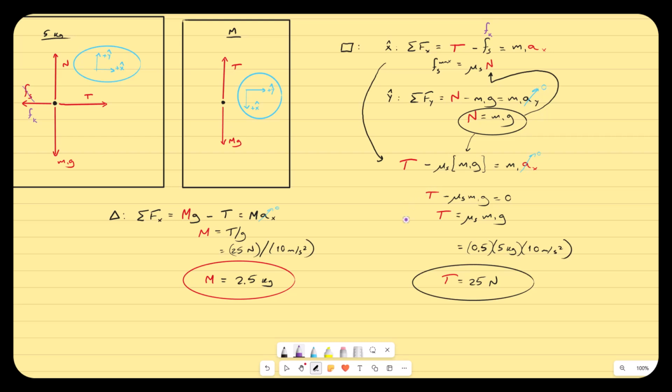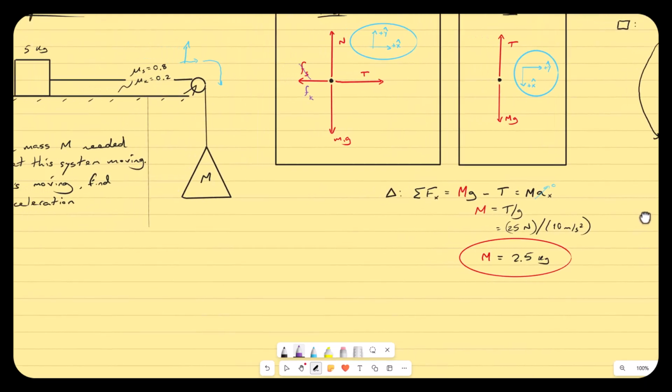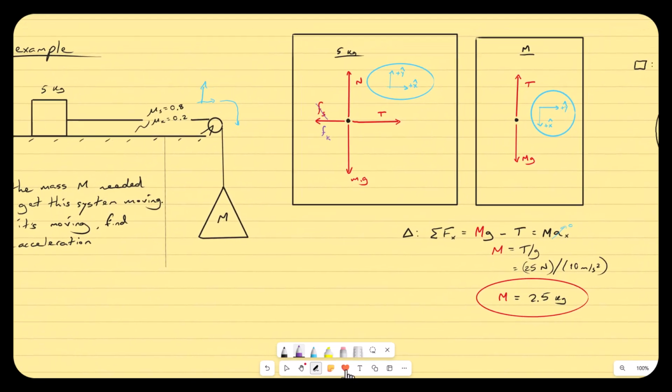I'm going to start writing these equations to the side. I'll just make a copy of this, and then we can run with that.